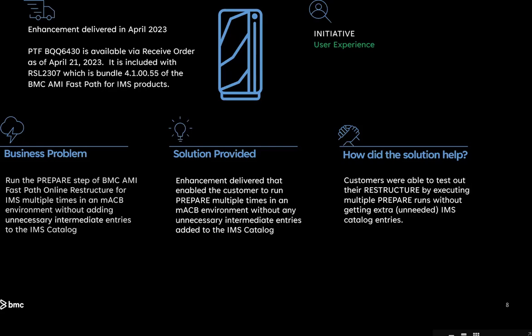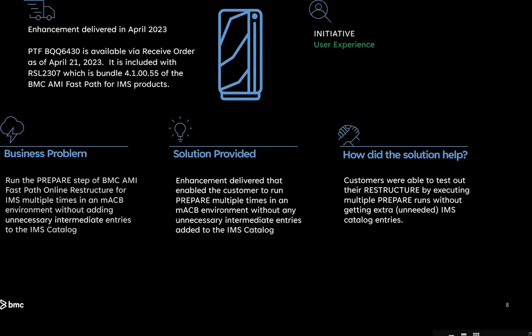So the customer wanted to run the prepare step multiple times in order to narrow down on what changes they actually need to make happen during the restructure processing. However, this added entries to the IMS catalog with every run. So every time they were running that prepare step, it was adding entries to the IMS catalog, right?